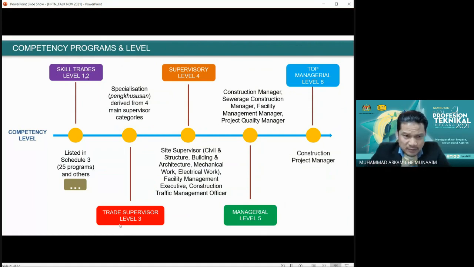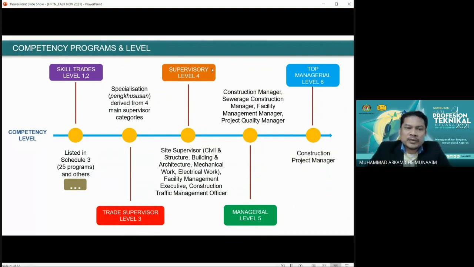The next level, which is level 3, is trade supervisor, where they can monitor the work. There will be another level 3 trade supervisor, and they have pengkhususan or specialization derived from 4 main categories: mechanical, electrical, CNS, as well as building and architecture.